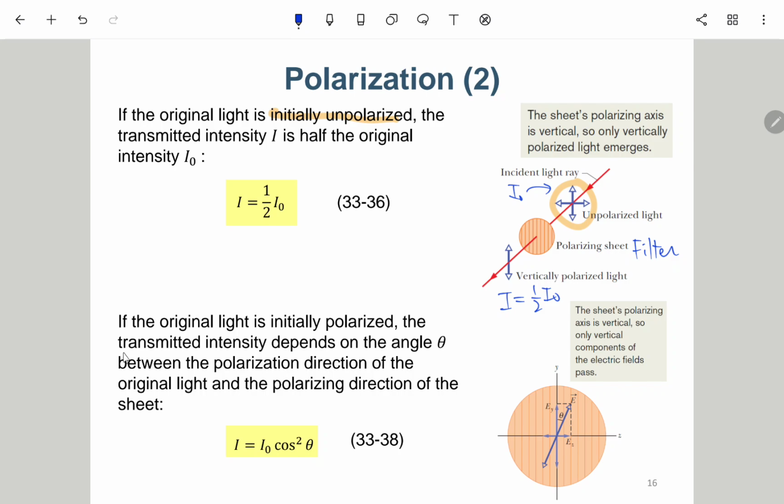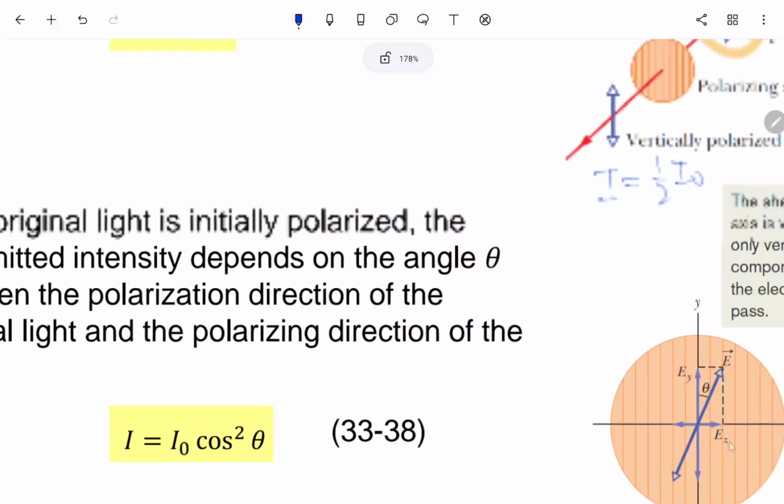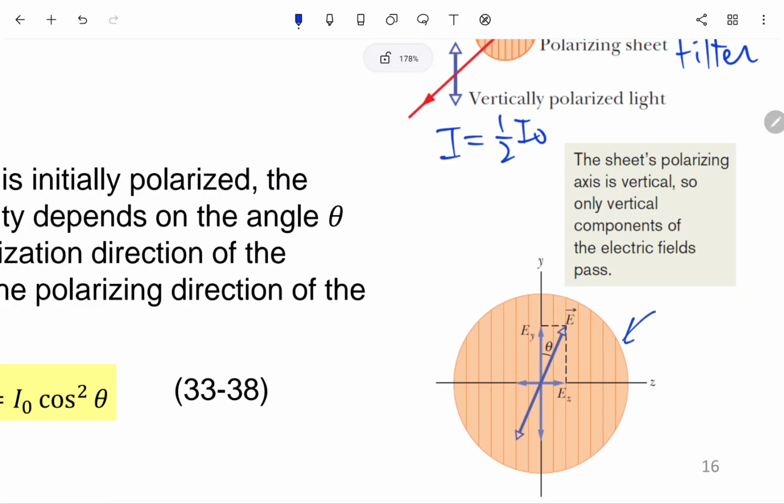Okay, and then the second one is if the original light is initially polarized. Then the transmitted intensity depends on the angle theta between the polarization direction of the original light and the polarization direction of the filter. Here the filter is vertically polarized, but the input is this one.